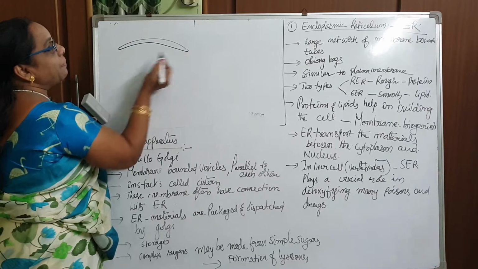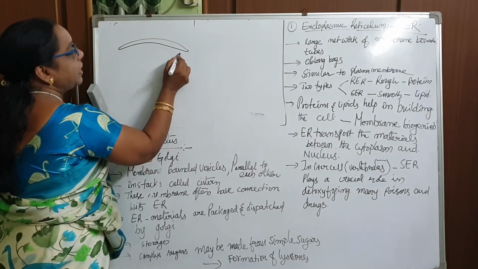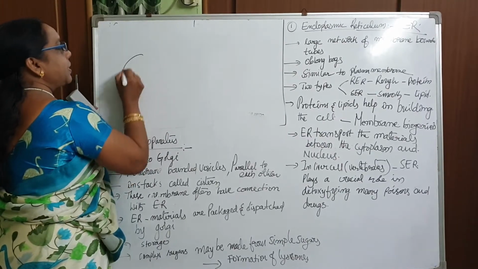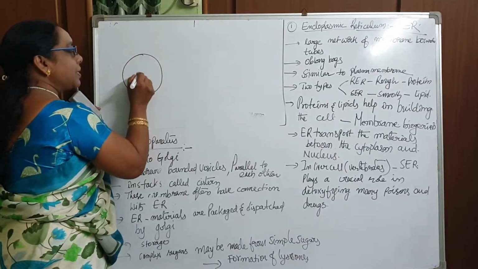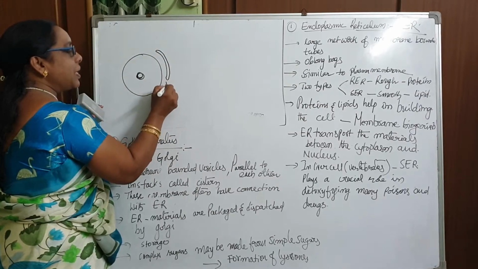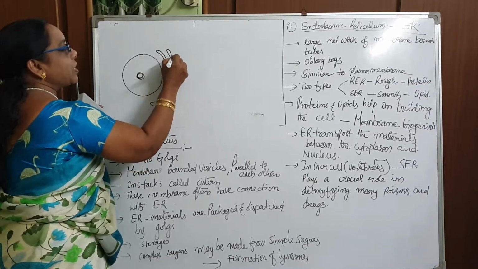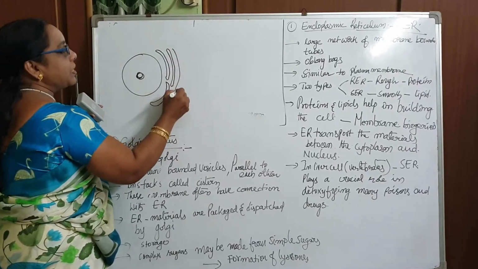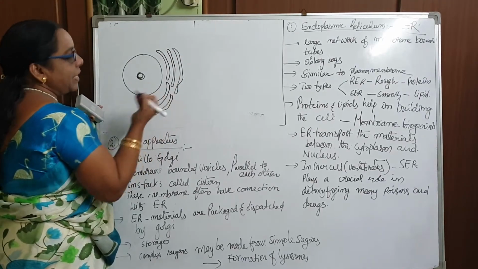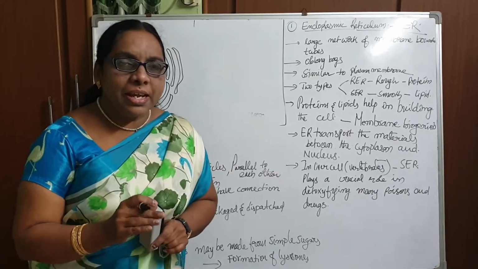For example, let me say this is a nucleus, and around it, very close to the nucleus, are skeletal-like structures. These are called the endoplasmic reticulum, in short ER.